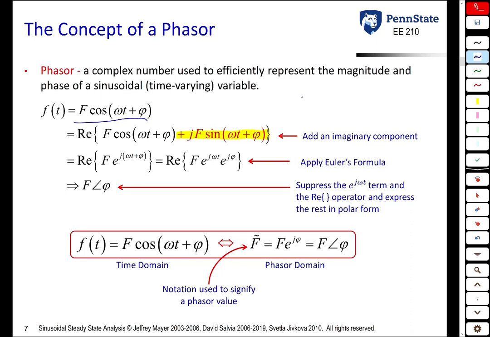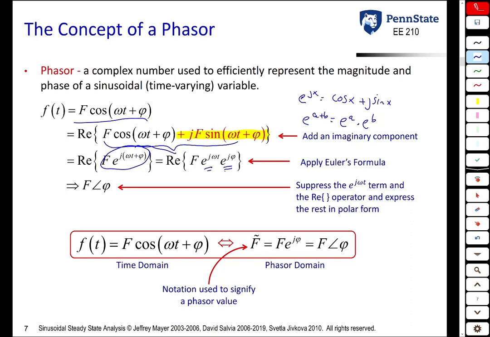The next thing we're going to do is utilize Euler's identity, remembering e to the jx is cosine x plus j sine x. So this now becomes F times e to the j omega t plus phi. We can then utilize the fact that e to the a plus b is equal to e to the a times e to the b to break the complex exponential that way.